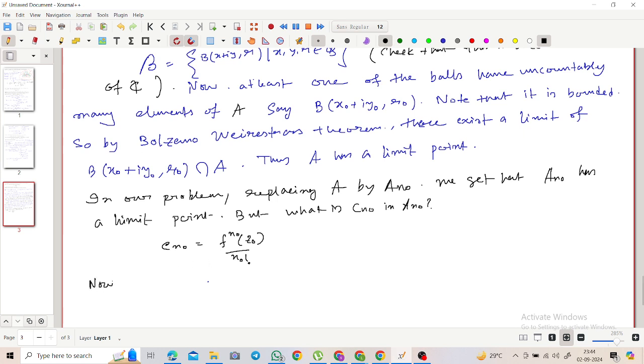Now, f is entire, right? This implies f to the n naught (z) is also entire, right?